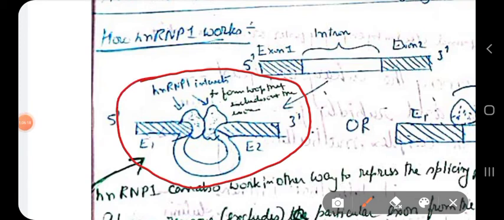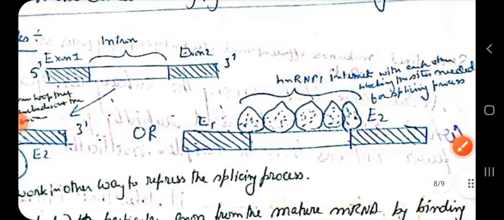The first way is it can remove a particular exon from the mature mRNA by binding to the sequence that flanks the exon. This is the exon, not this one.